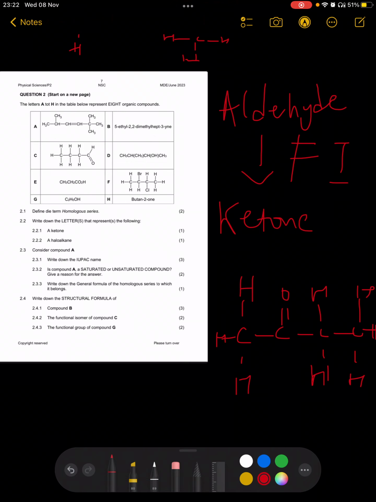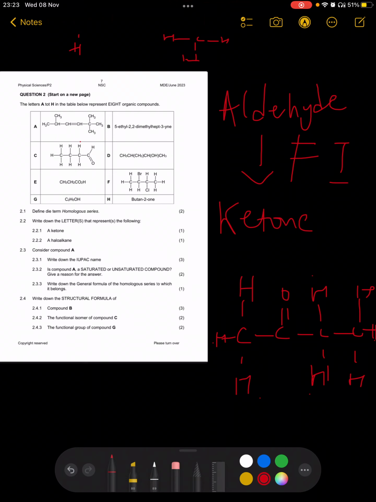Let's count the carbons: 1, 2, 3, 4, and we have 1, 2, 3, 4 carbons in compound C. And then the hydrogens here, it's 1, 2, 3, 4, 5, 6, 7, 8, and here it's also 8. Then there's a double bond. Oh, there you have it.